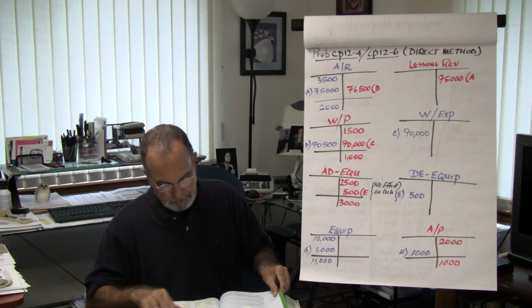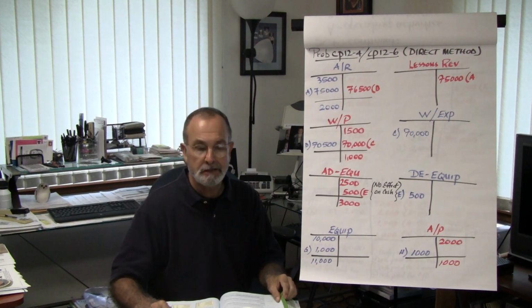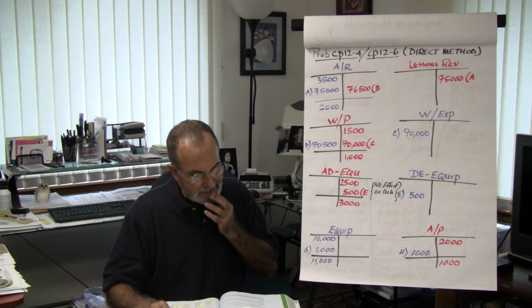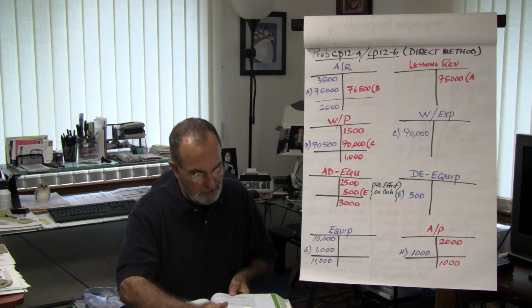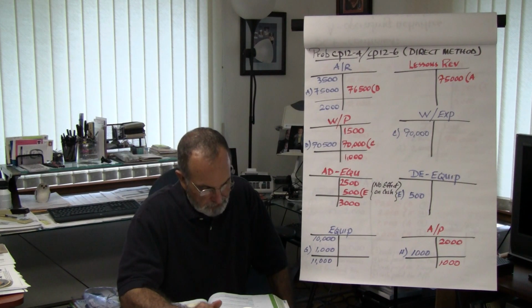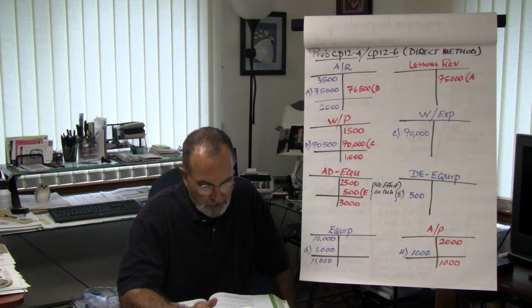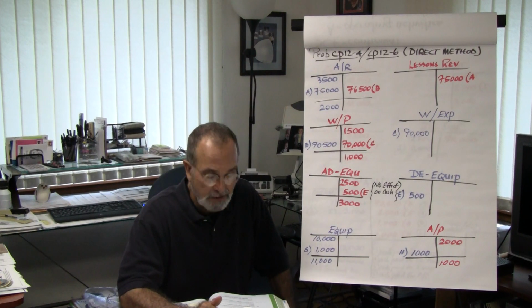page 598 in the textbook. Now, the reason why it's a combination of two problems is because in CP12-4 we are asked to prepare the statement of cash flows using the indirect method, and all of the information we need to prepare the statement of cash flows is presented in problem CP12-4.